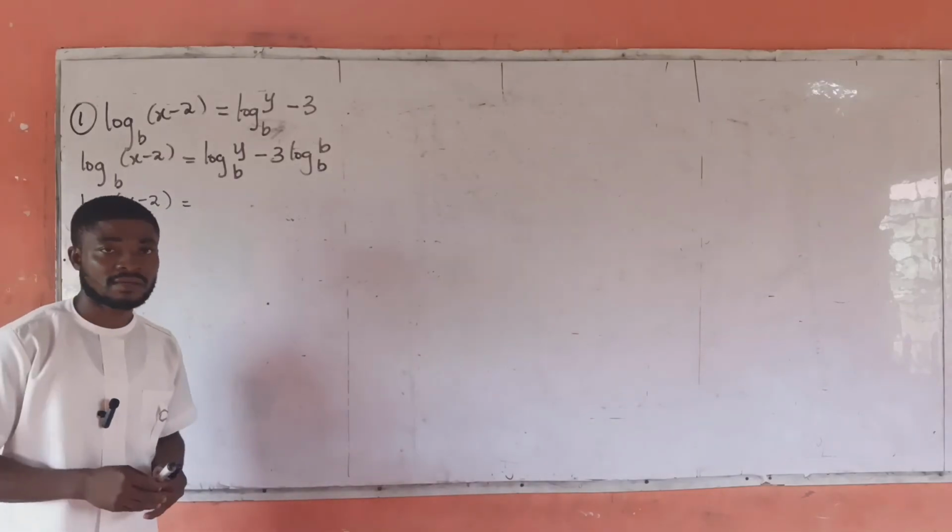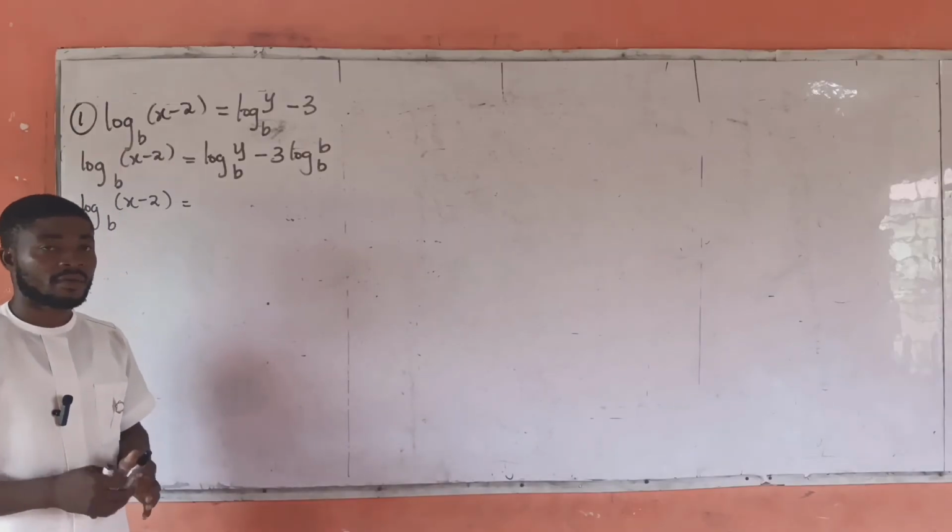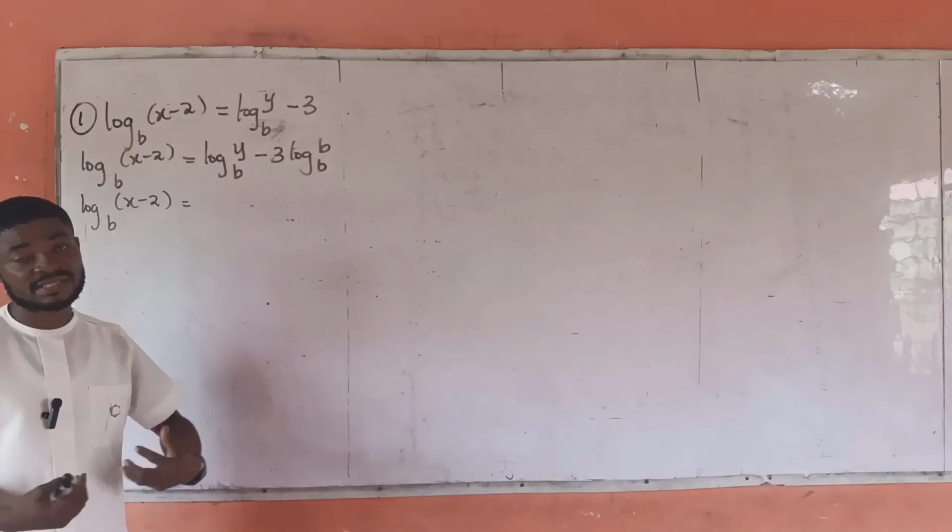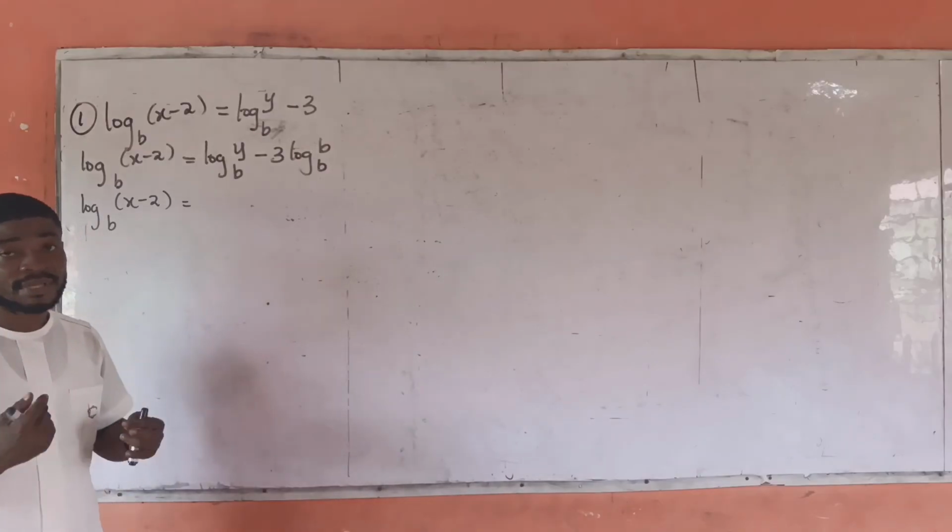And then from our laws of logarithm, 3 log b base b is the same as log b to the power 3 base b.